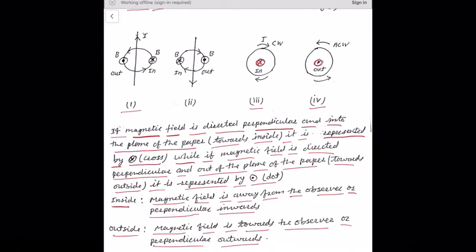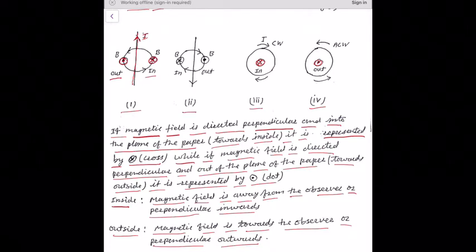In figure first, when current flows in the wire in upward direction, then on the left hand side of the wire the magnetic field is represented with a dot, means outside, and the right hand side is represented with a cross, means inward.